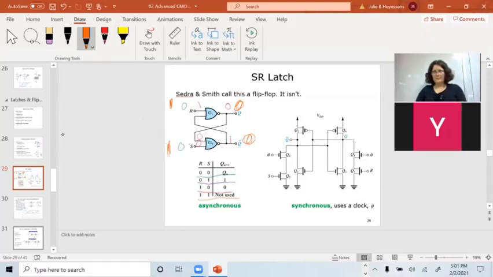It's not unstable, it's not undetermined. We know what happens. Q equals not Q equals 0. And Q equals not Q can wreak havoc on your processor later down the road, because you're going to tie Q to things and you're going to tie not Q to things and weird things happen. So it's just generally not used.